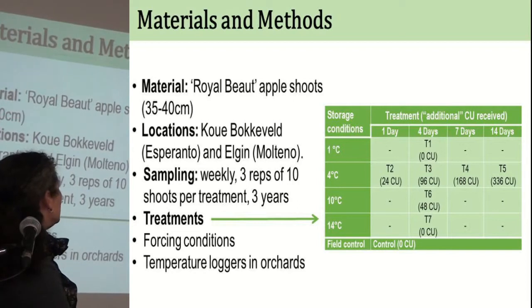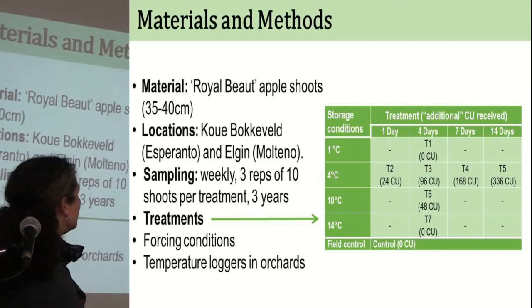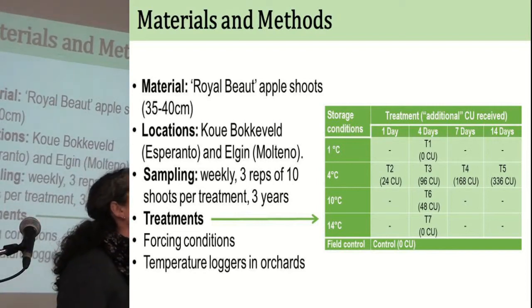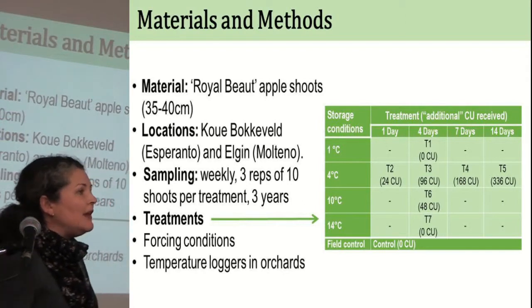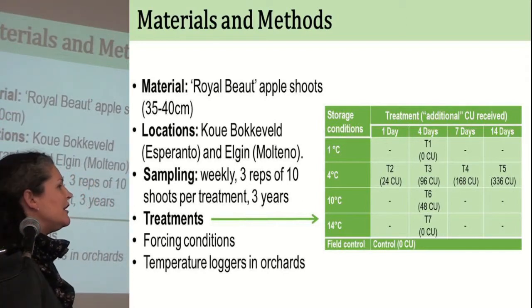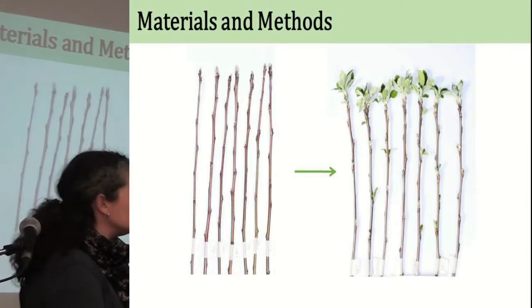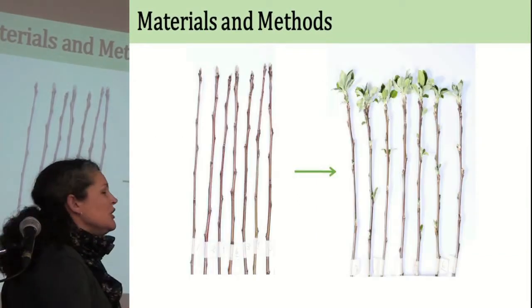And here you can see the treatments. We gave them different temperatures and different durations, and over here in brackets you can see the amount in chill units of additional cold that we gave these shoots to see how that affects their behavior. Then we would take them into the forcing conditions and we would monitor bud break.